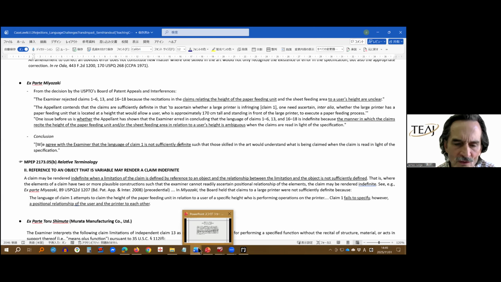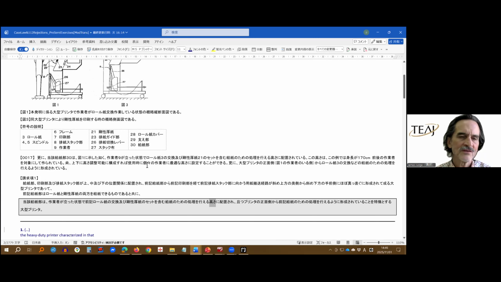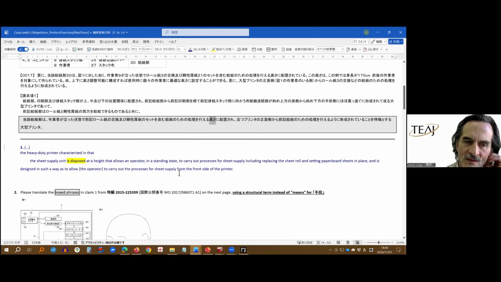So going back to the homework, I thought, well, let's look at this key phrase that Seiko Epson spent basically 10 years trying to cope with, in order to get a patent, and see if there was anything that could have been done with the translation per se.